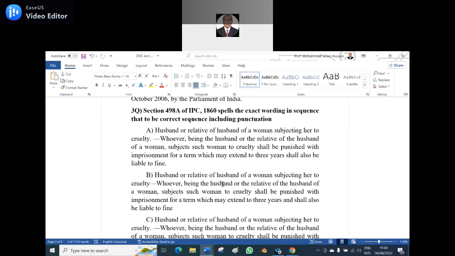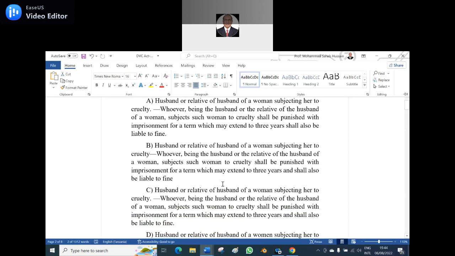However being the husband or the relative of the husband of a woman subject such a woman to cruelty shall be punished with imprisonment for a term which may be extended to 3 years, shall also be liable to fine. B. Husband or relative of the husband of a woman subjecting her to the cruelty, dash, whoever being the husband or the relative of the husband of the woman subjects such a woman to cruelty shall be punished with the imprisonment for a term which may be extended to 3 years and shall also be liable to fine.